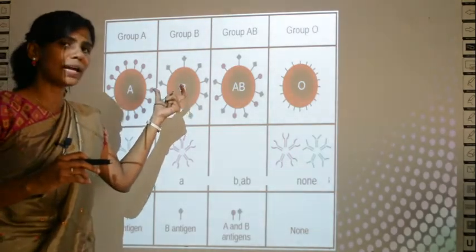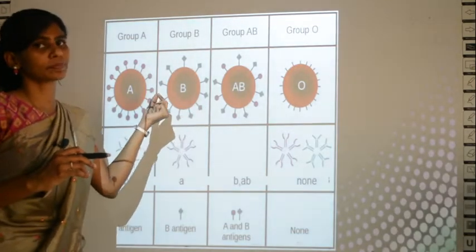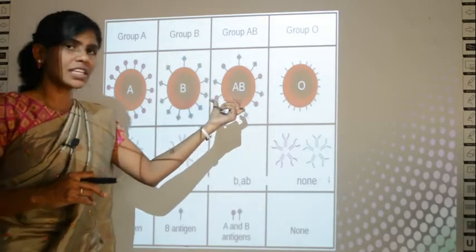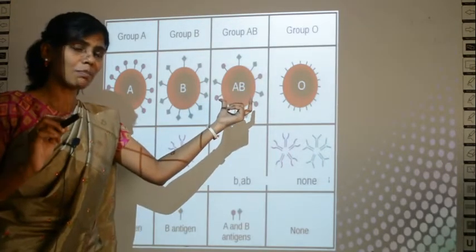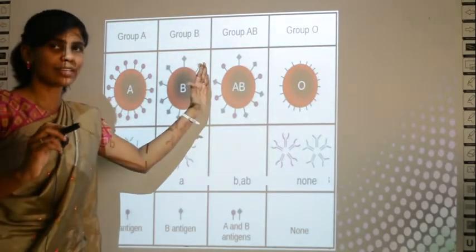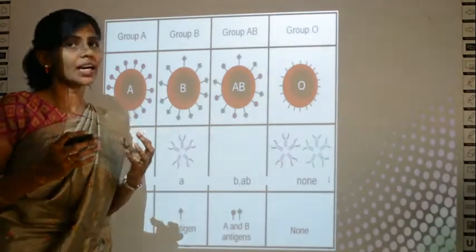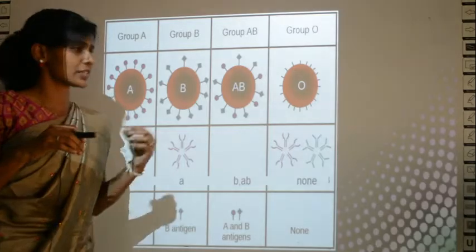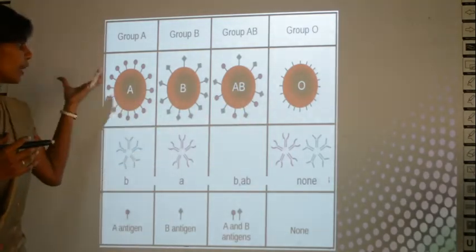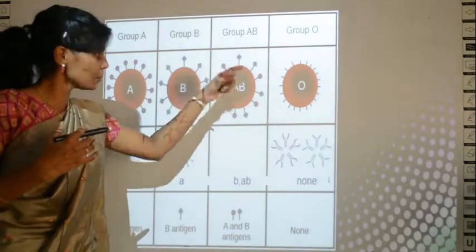A person with blood group B will have small diamond-like structures on the surface. Now see, a person with AB blood group will have antigen A as well as antigen B. These round structures and diamond-like structures are the antigens present on the surface.